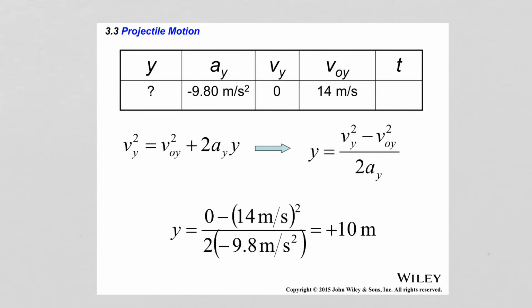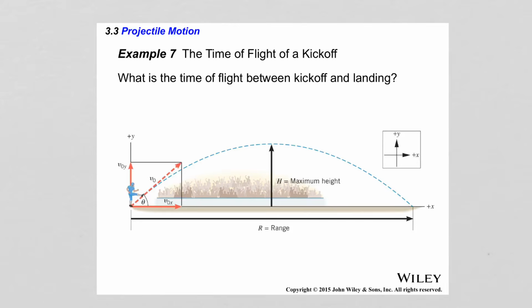Since I'm looking for the vertical displacement, I am rearranging the terms to get y is equal to Vy squared minus V0y squared divided by 2 times ay. And when I replace the known quantities in that formula, I get that the height of the kickoff is 10 meters.